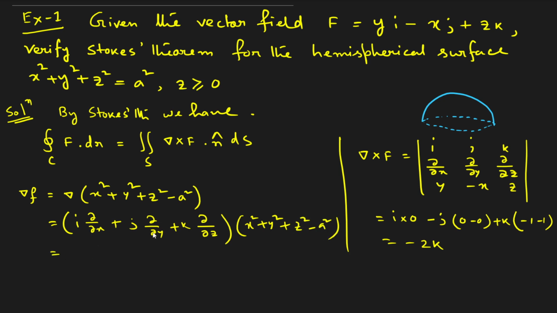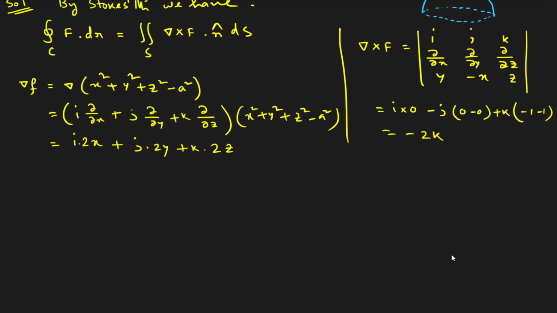When you differentiate, with i del x you just differentiate x square, because all the other terms will vanish. So it is i into twice x, in the same way j twice y, k twice z. So this is our del f or nabla f.